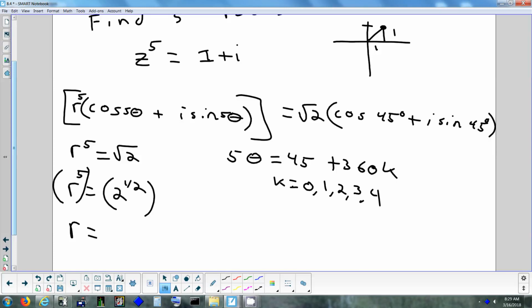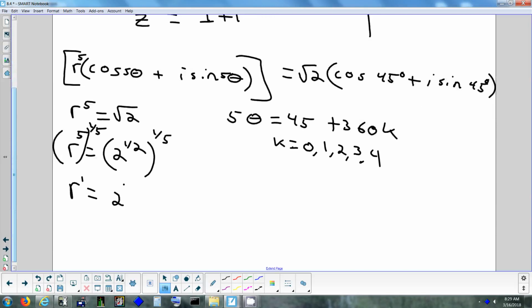Raise it to the 1/5 power. 5 times 1/5 is now just r to the first. You have r by itself. And what's 1/2 times 1/5? 1/10. That's a much nicer answer than writing the 5th root of the square root of 2.